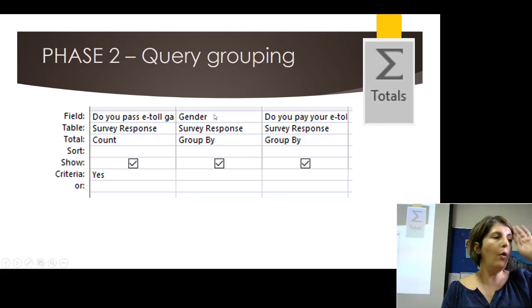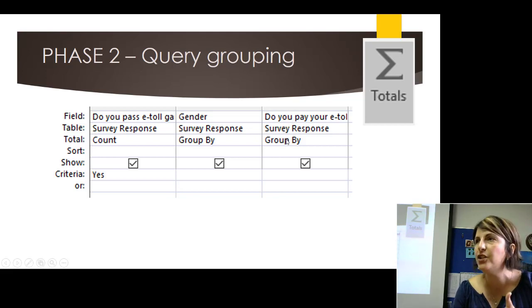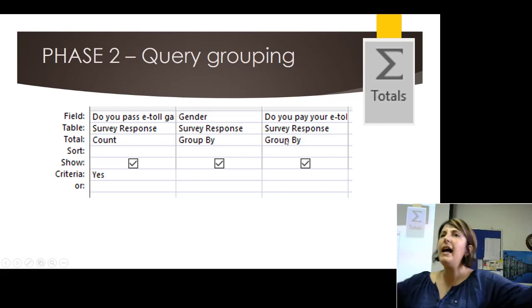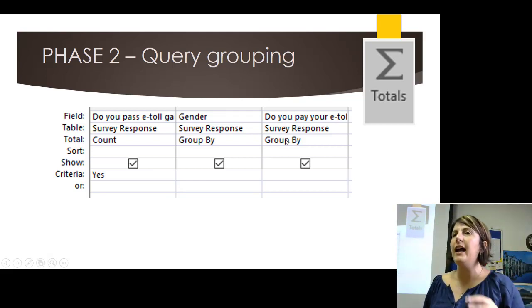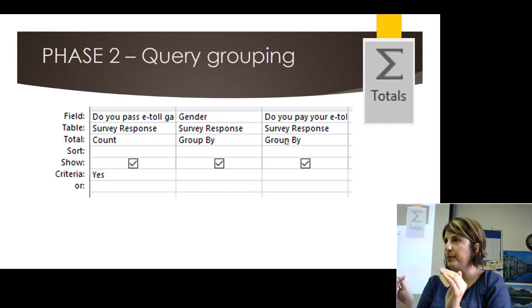Alright? Or it could be grouped by counting the gender, or it could be grouped by a yes for the do you pay your e-tolls, for example. Teach them, teaching opportunity. Not just switch on the grouping and then just add whatever you want. Some of them switch on the grouping but don't actually do the calculation for the grouping.